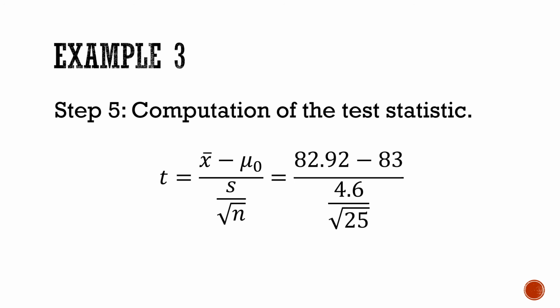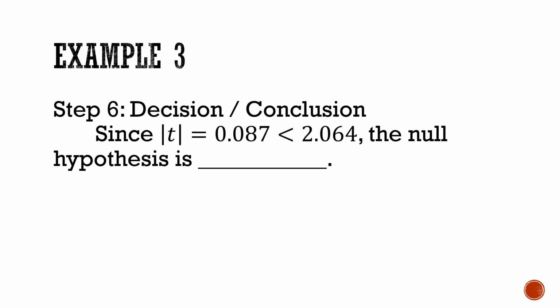What's next? So the absolute value of t is 0.087. Or shall I say that this one is negative, but since we are asked for the absolute value, I make it positive. Obviously, 0.087 is less than 2.064. Therefore, the null hypothesis is, but before we answer that, let us recall.